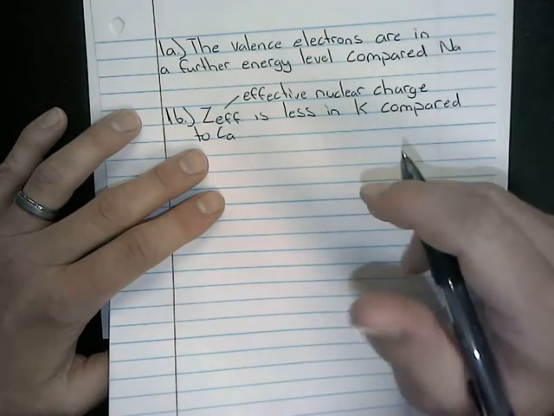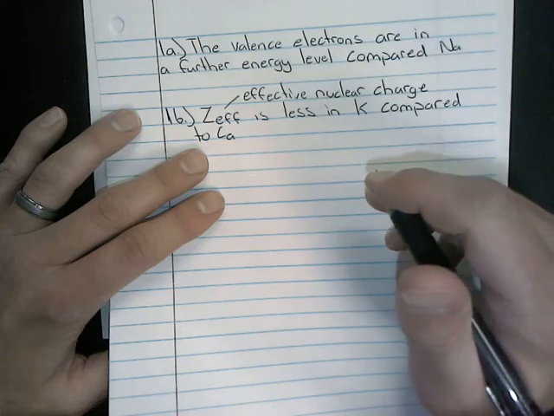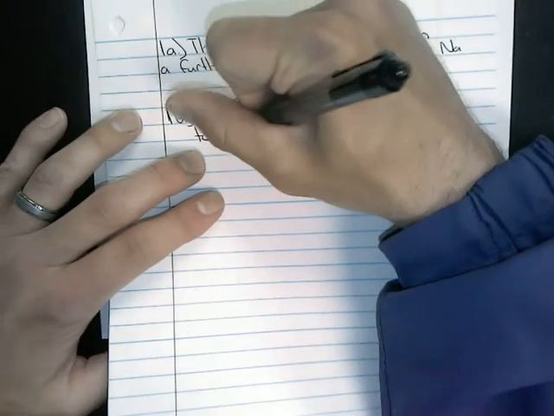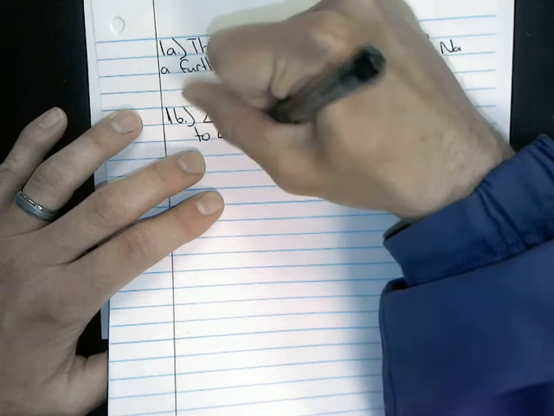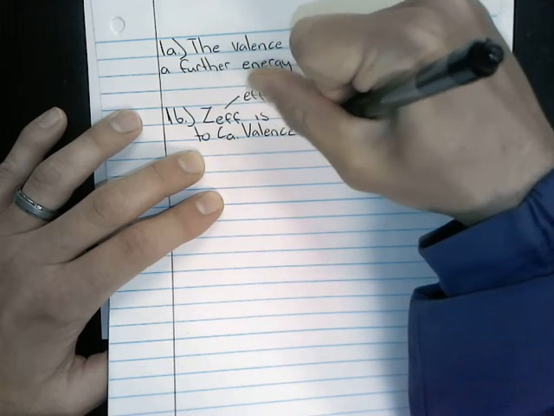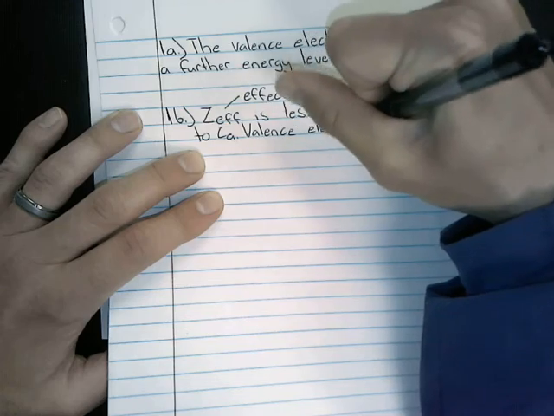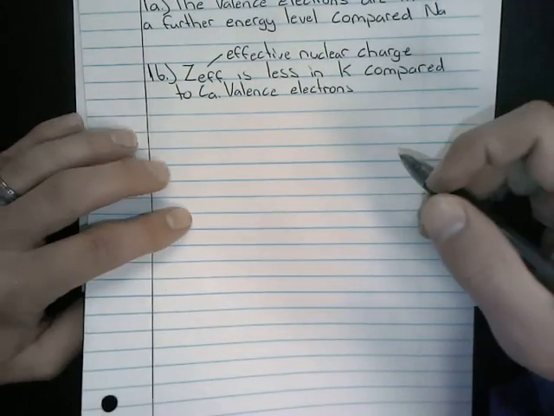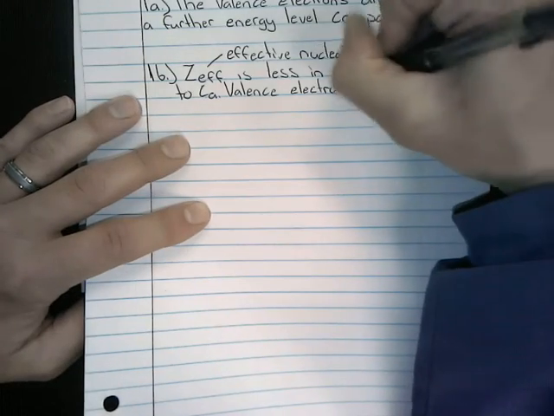Now, what we could also talk about here is this. Because of the effective nuclear charge, the valence electrons in potassium are not as strongly attracted to that nucleus in potassium.